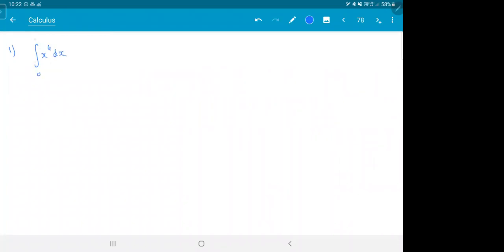Integral of x power 4 dx, x power 3 by 2 dx, one by x cube dx, one by root x dx. So get this four. Everyone should give it a try.